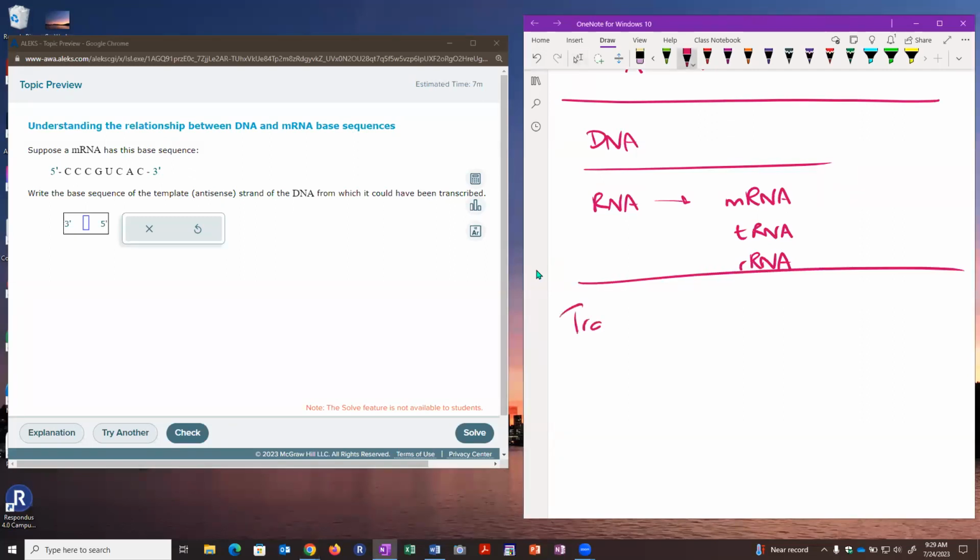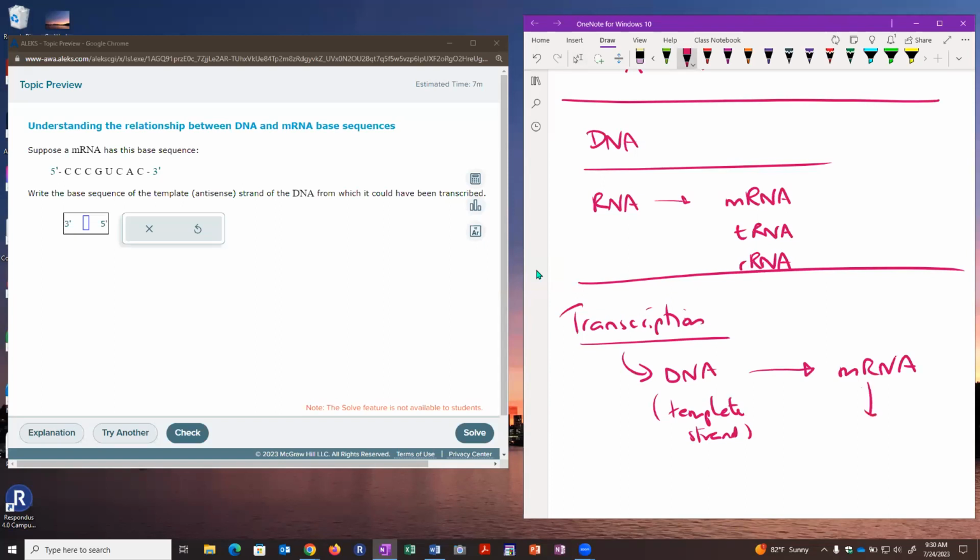All right, so remember, transcription is the process whereby DNA, specifically the template strand, is converted into messenger RNA. That means for the mRNA to be made, it is going to be complementary to the template DNA strand.